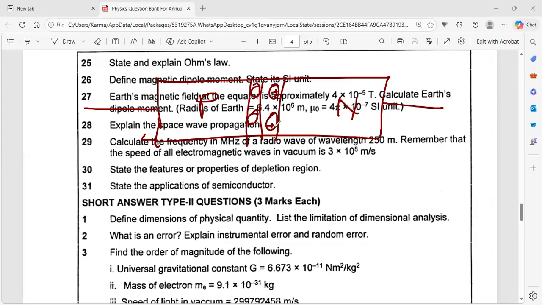So in the depletion region, you will find both the charges mixed inside. Here the positive charge is attracted towards N-type. So the holes get diffused into N-type.